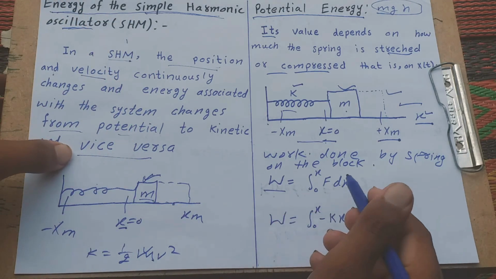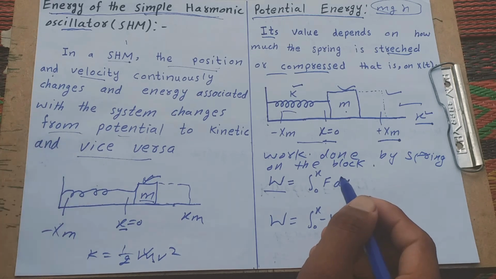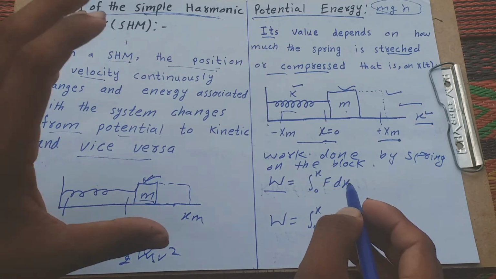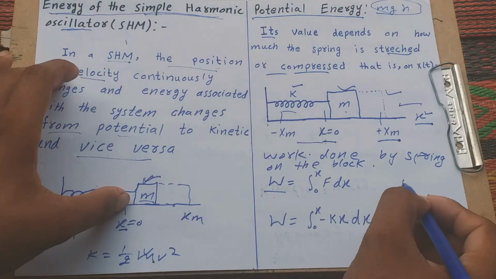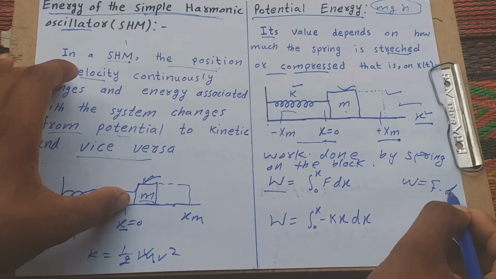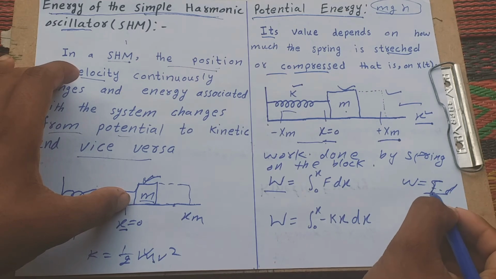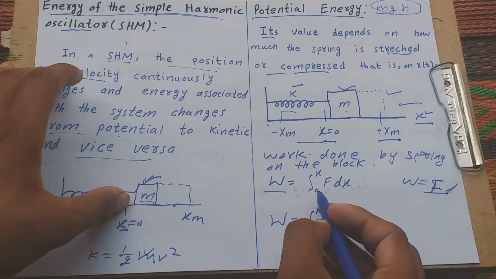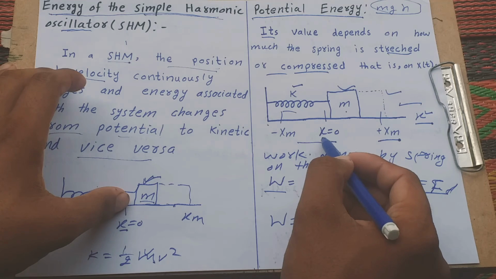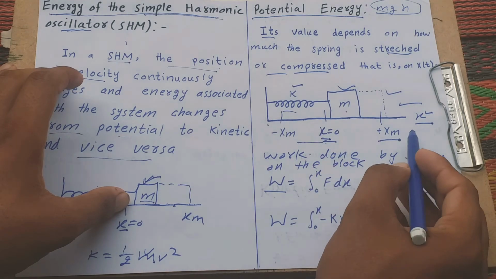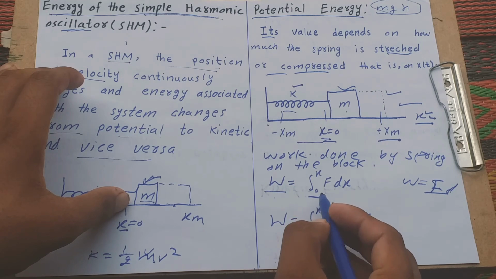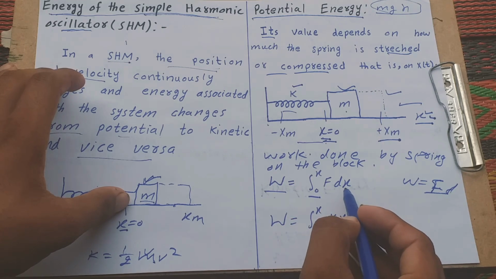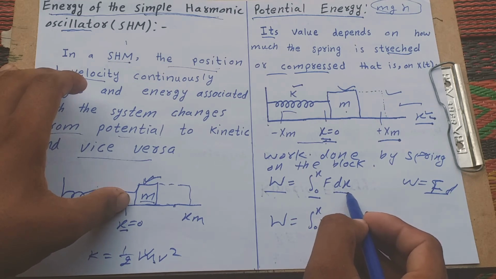What is work done? We know that work done is equal to force dot displacement. If we go from the mean position to x, this is the limit, and we divide the displacement into small patches dx.